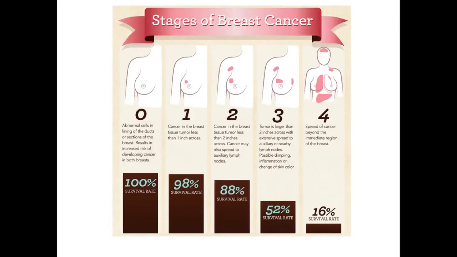We talked about how obviously breast cancer just doesn't appear. It's a process, and there are defined stages of breast cancer. As we were looking through this, we noticed that there's a huge drop-off in survival rate at stage 3 breast cancer. So we thought maybe stage 3 would be a very good developmental stage of this cancer to look at.